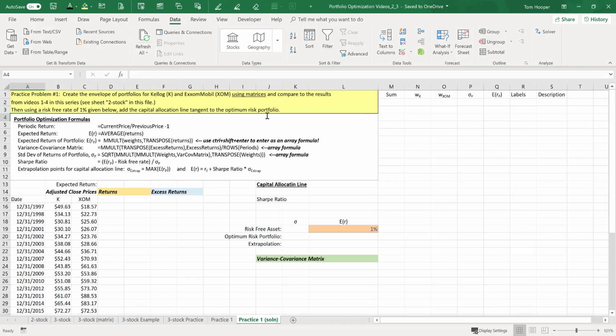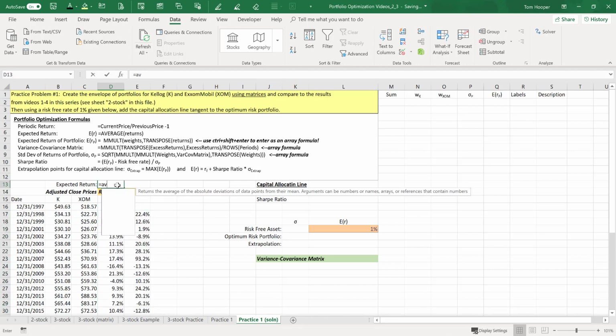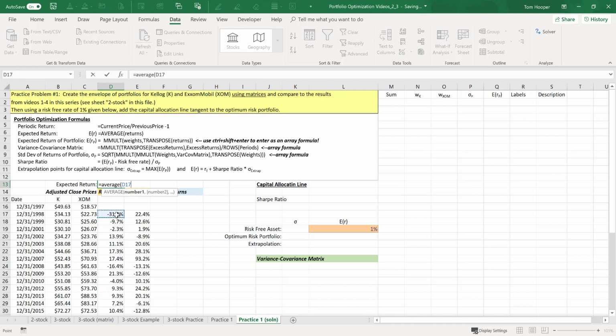the optimum risk portfolio. So the first thing we do in all of these portfolio problems is calculate the return for each stock for each period, calculate the average return for each stock, and calculate the excess return.